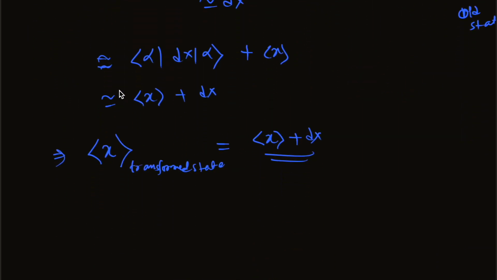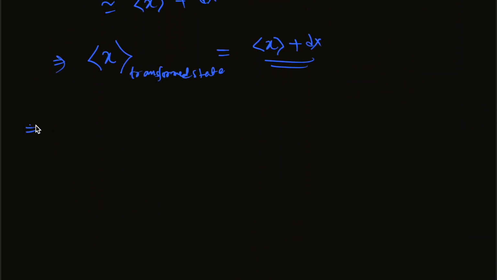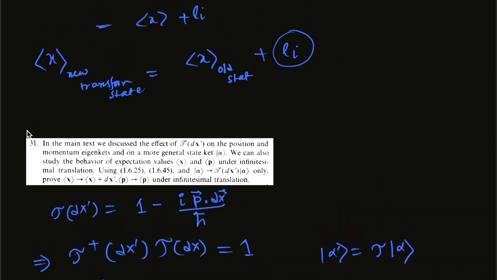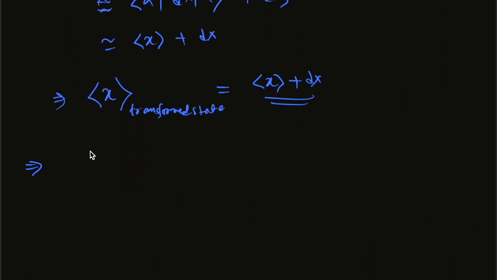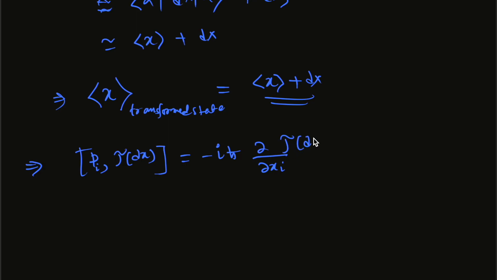So to do so, let us calculate the commutation relation between pi and tau dx. What will it be? It will be minus I h cut del by del xi of tau dx.